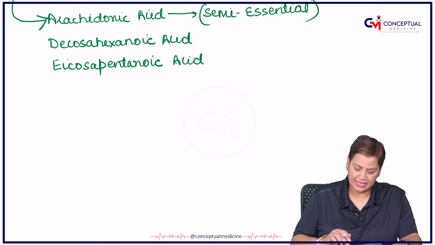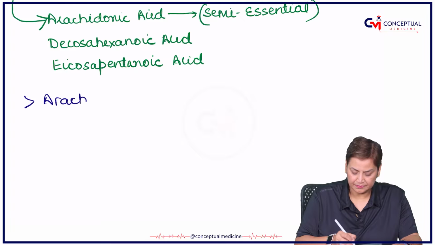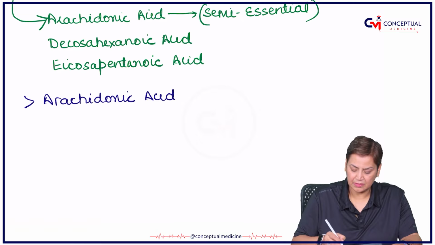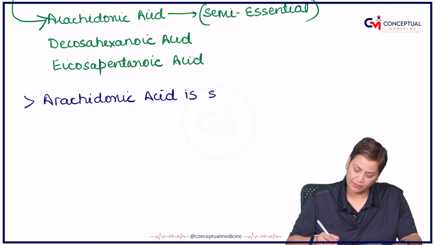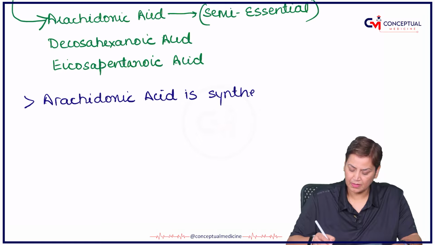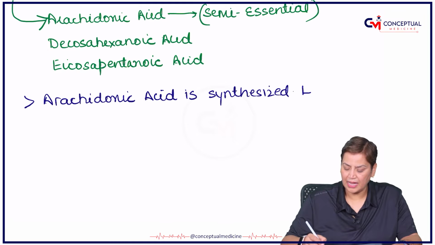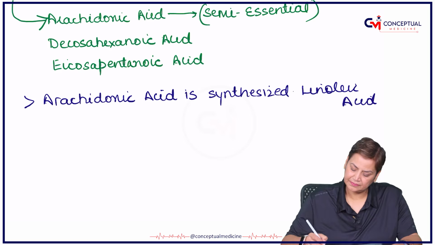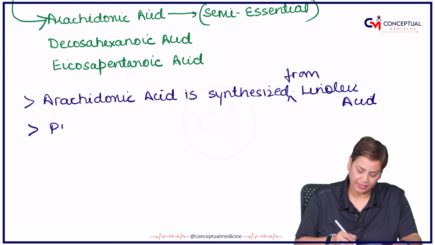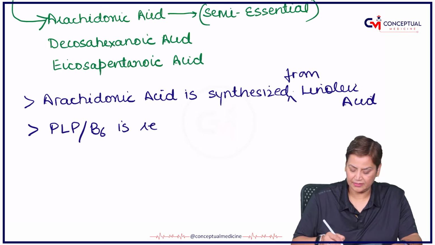So arachidonic acid is synthesized from linoleic acid, and PLP, which is vitamin B6, is required for the conversion.